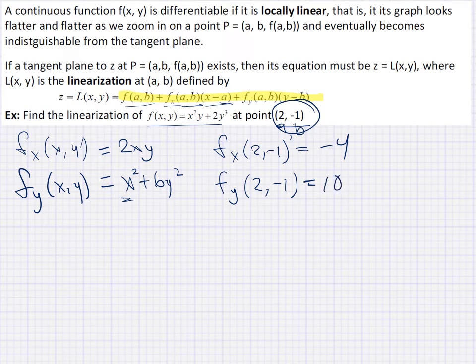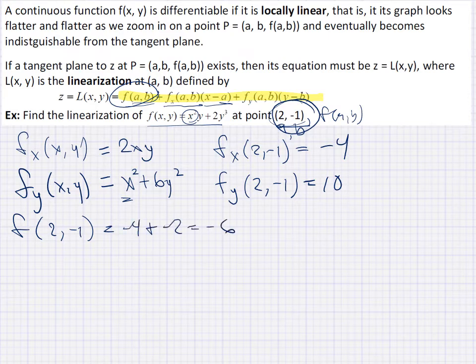We also need to find just flat out f of a, b. We don't know the z value, right? We need the z coordinate, f of 2, -1. That would be 4 times -1, which is -4, plus -2, so -6.